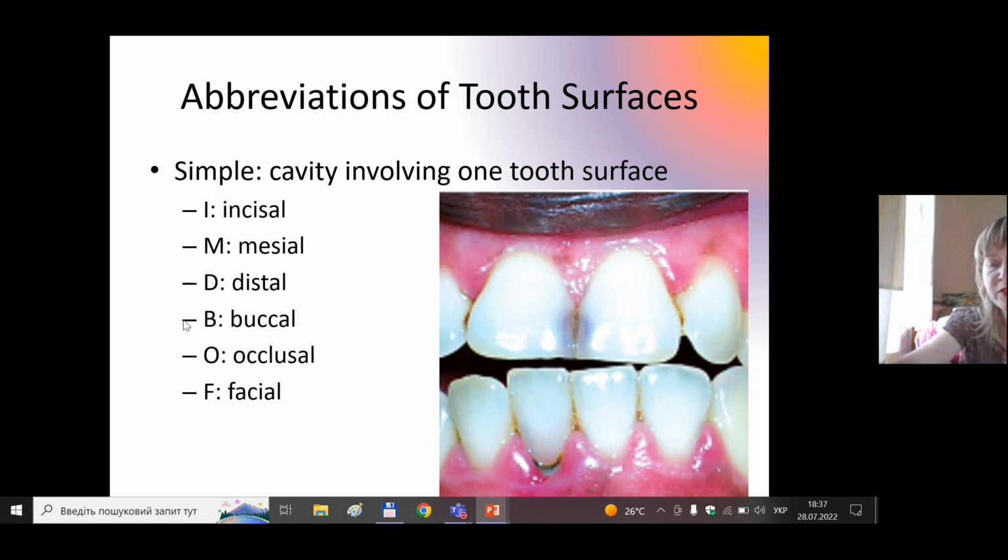When it comes to describing surfaces, dentists, in their recording in the dental chart, usually use some abbreviations. Here are given the abbreviations of the surfaces. If it is a simple cavity, once again, I'm refreshing your knowledge that it is a cavity that involves one tooth surface.